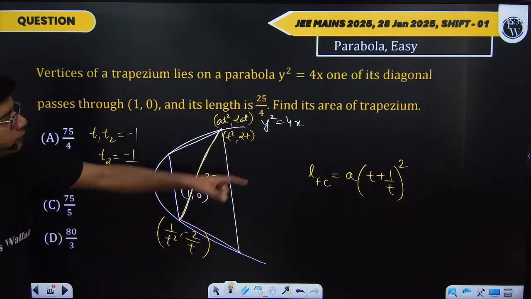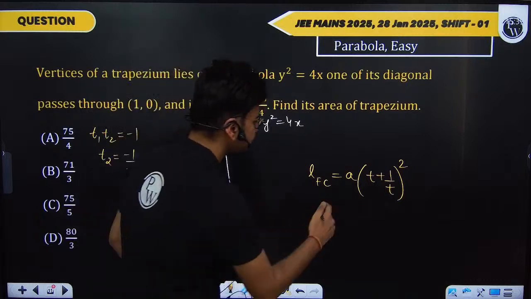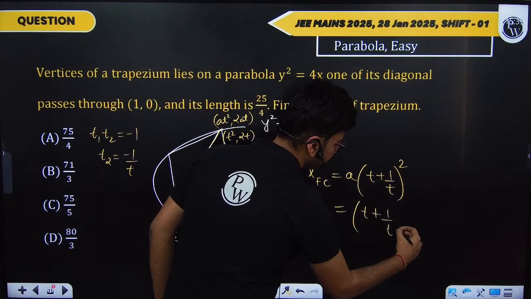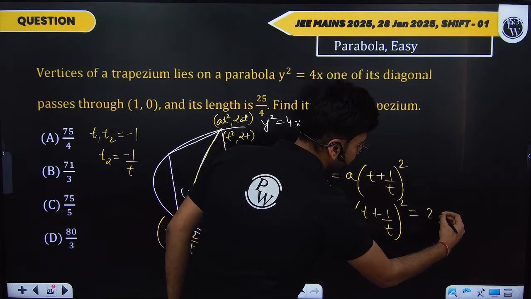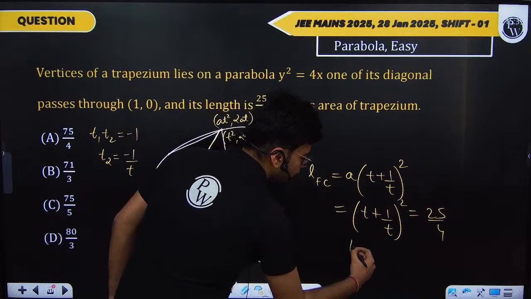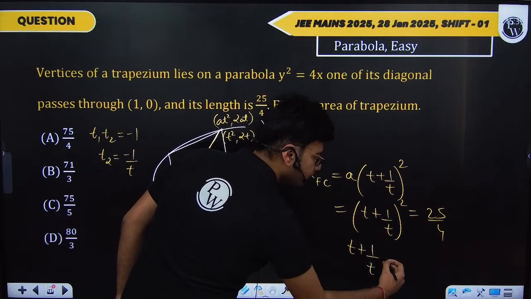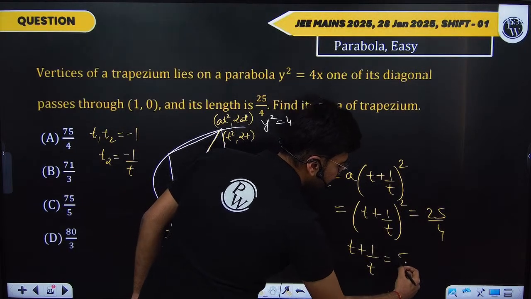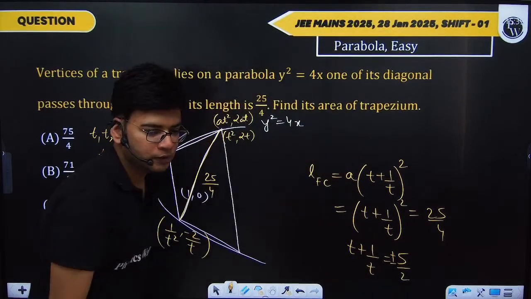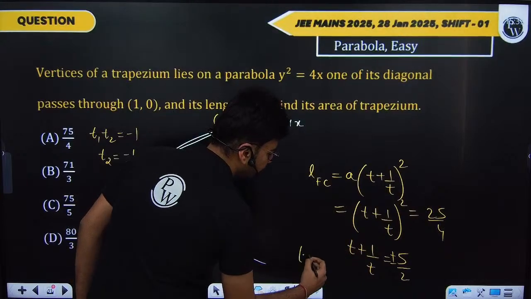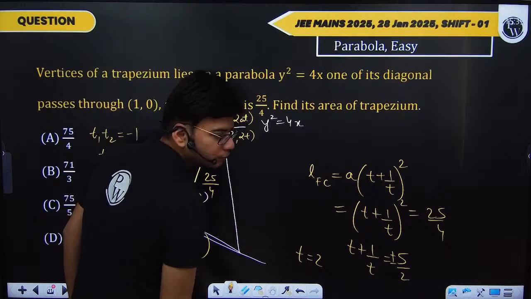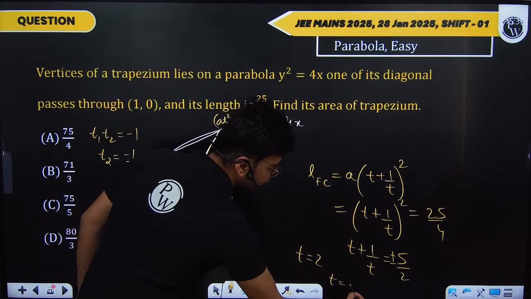What is the value of a? a is 1. So this will give you (t plus 1 by t) whole square is equal to 25 by 4. So t plus 1 by t is coming out as plus minus 5 by 2. Once you solve for t, you will get t as 2 and t as 1 by 2.